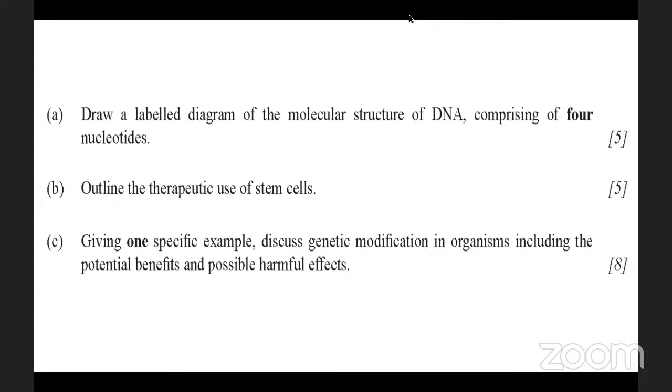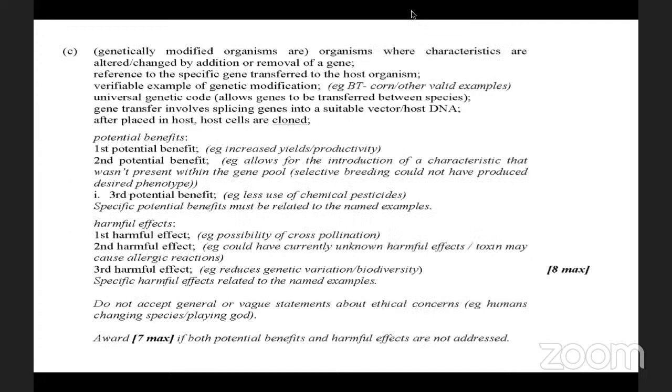So kalau nak senang tengok marksheet dia. Okay. Nak senang kita start dulu dengan definition of GMO. So kita tulislah genetically modified organisms are organisms where characteristics are altered or changed by addition or removal of a gene. So it is a reference to the specific gene transferred to the host organism.